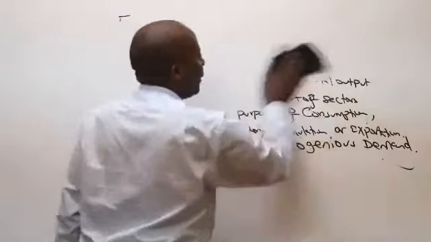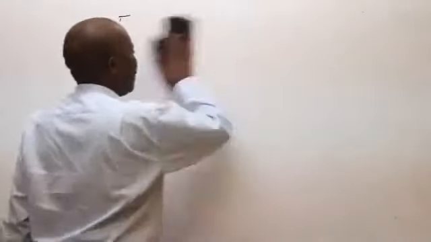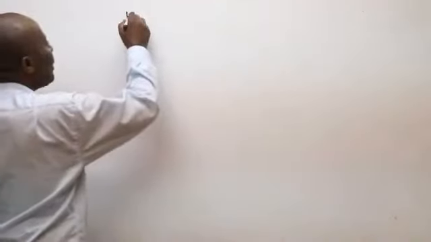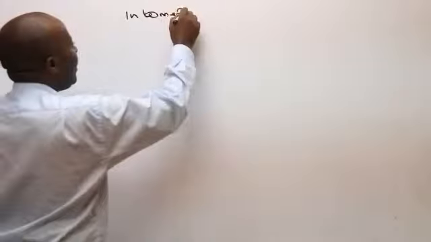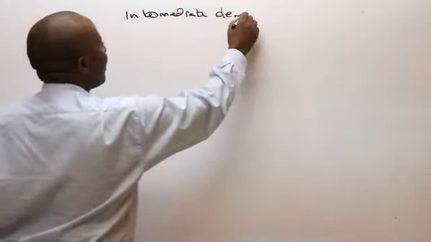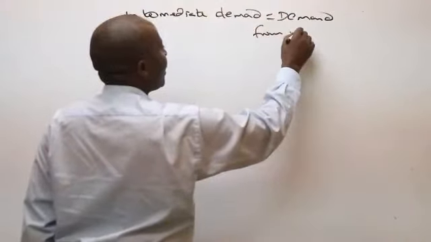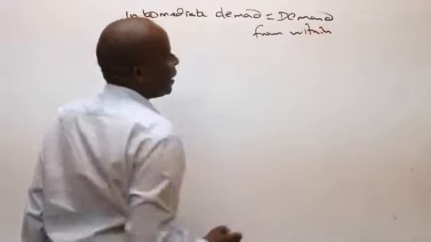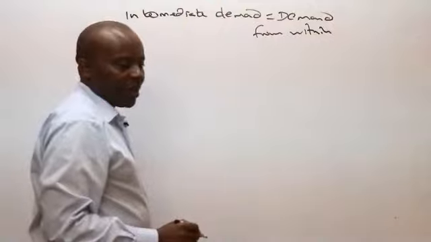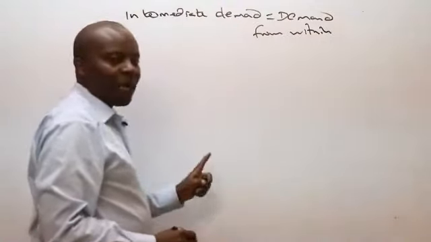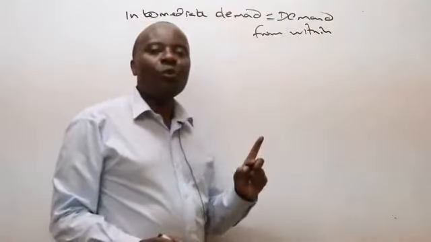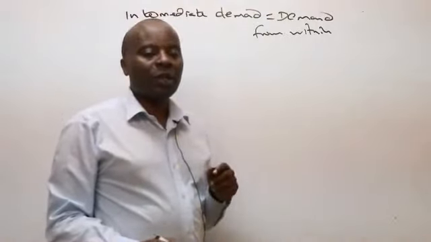So from there we have the intermediate demand. So intermediate demand, ladies and gentlemen, what do we have here? Intermediate demand. This basically is demand from within. What is produced by the sectors and consumed by the same sectors?